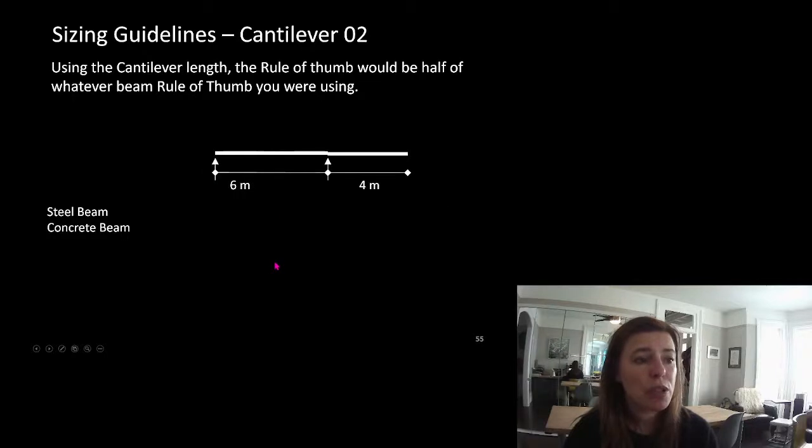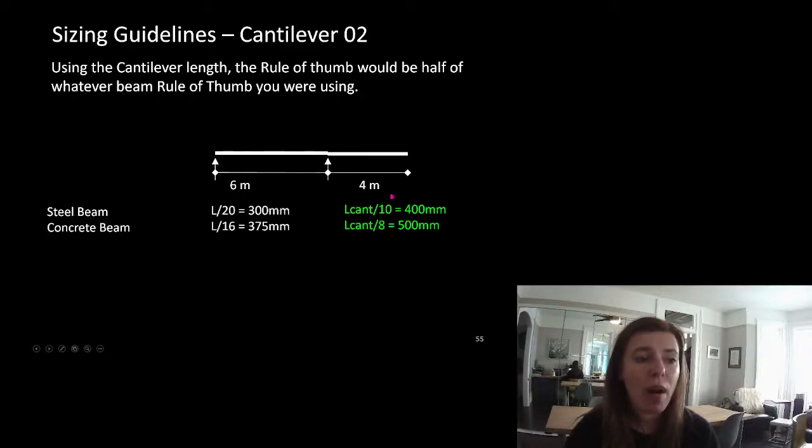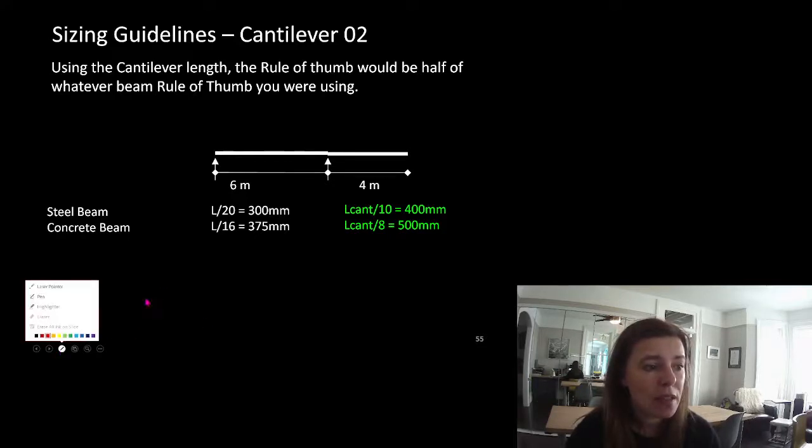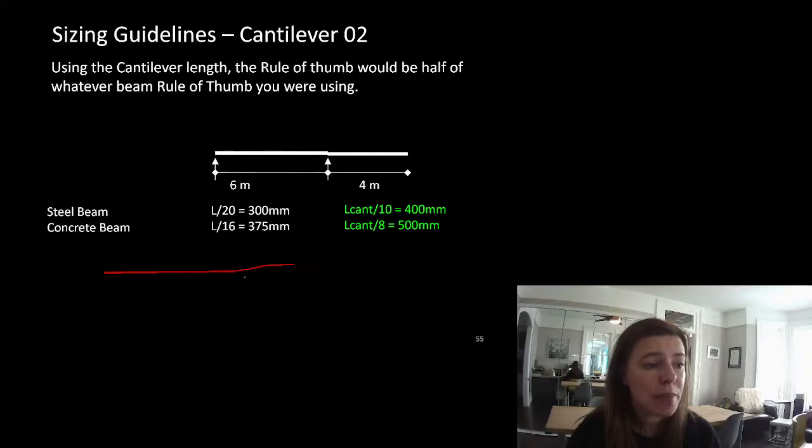What happens if we have a really short backspan? Well, now our cantilever depth might govern what we draw on that drawing. Now, concrete's interesting. Concrete, we can actually make it discrete. We could actually draw them different. So if it was a steel beam, I'm drawing right over the joint here. Maybe we want it continuous. So this is this joint right here.